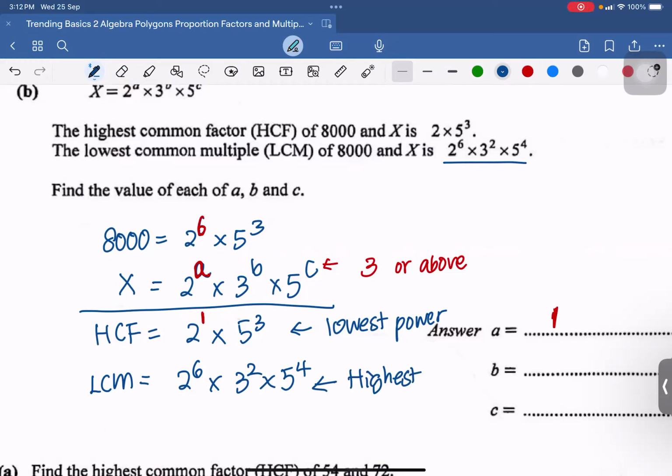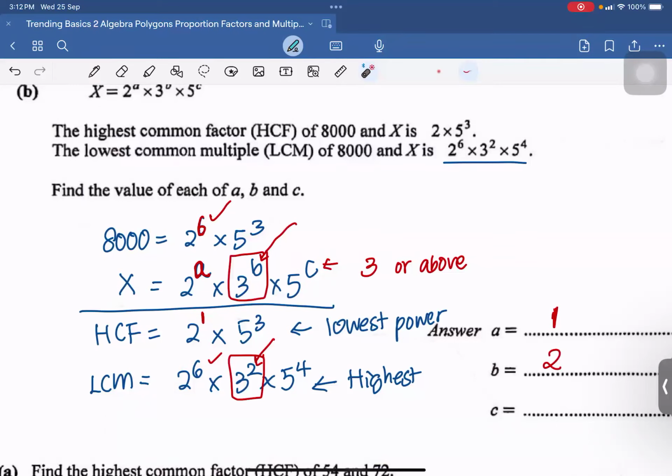So when we choose the highest power, it means 2 to the power 6 already met the criteria. So this one is already 2 to the power 6. 3 squared, is there any 3 squared here? That means what's telling you the power of B must be power 2, right? Because they want 3 squared.